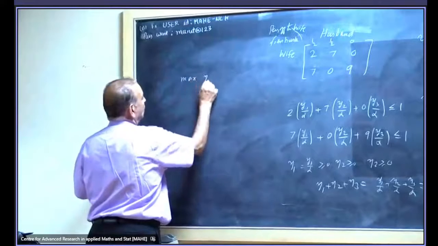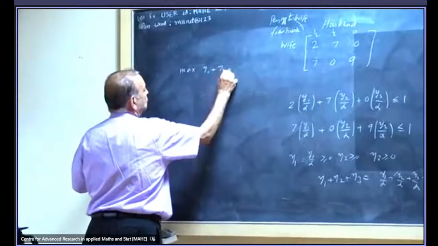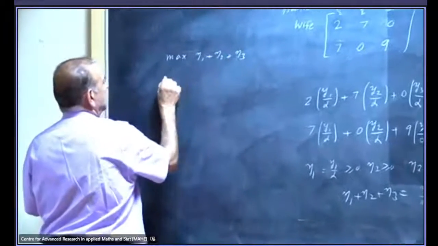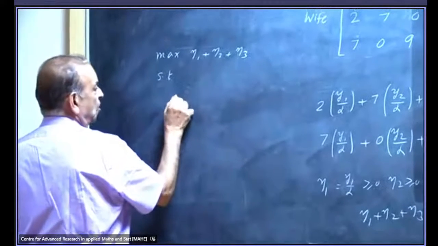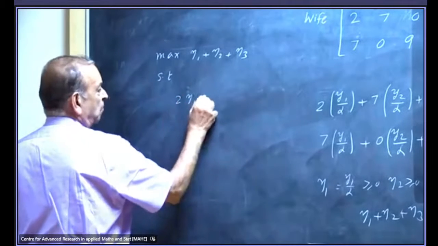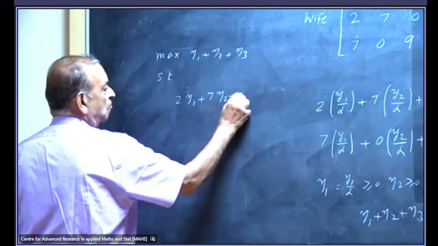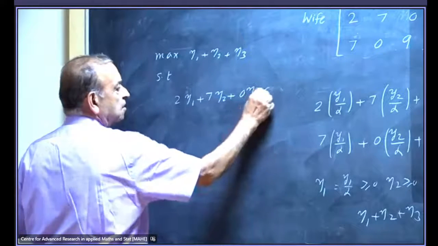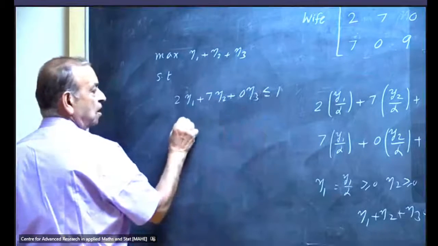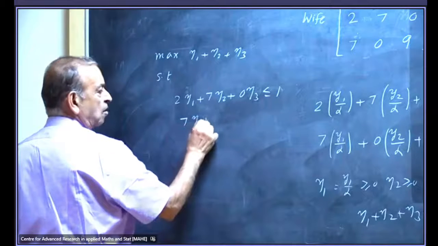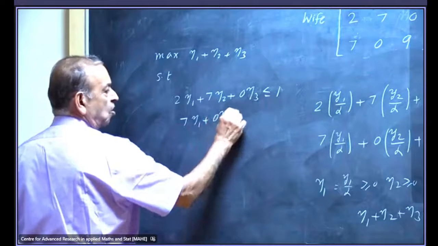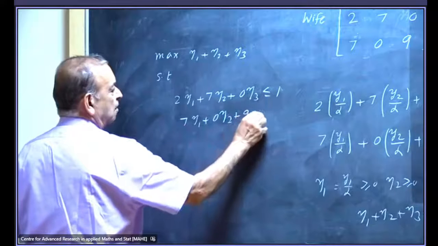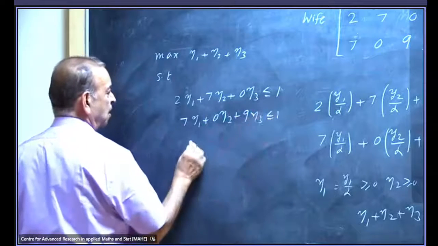Maximize theta 1 plus theta 2 plus theta 3 subject to 2 eta 1 plus 7 eta 2 plus 0 eta 3 is less than or equal to 1. 7 eta 1 plus 0 eta 2 plus 9 eta 3 less than or equal to 1.